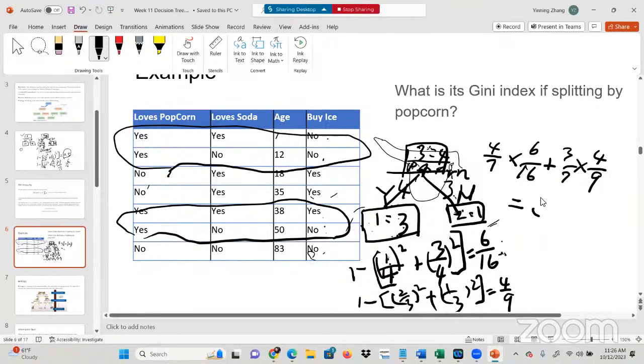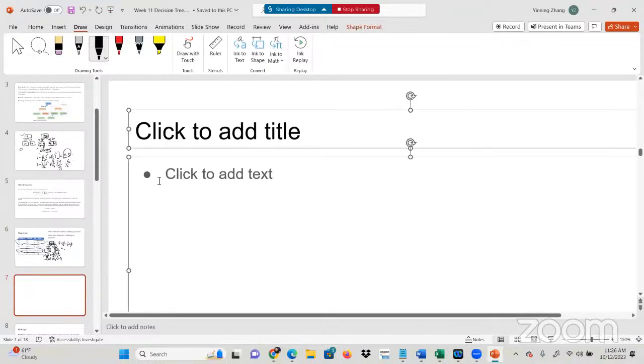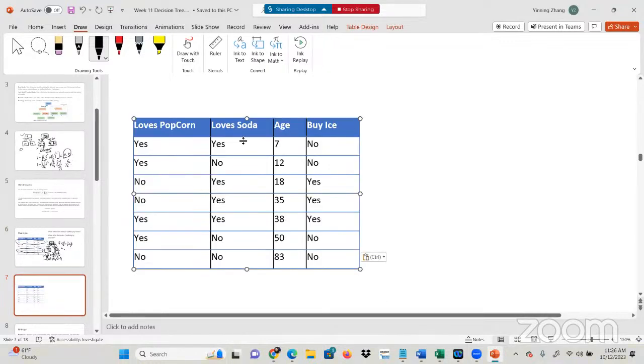Let's try the other one. If we use love soda as the root node, what will be the Gini impurity you get? Try that on your paper.